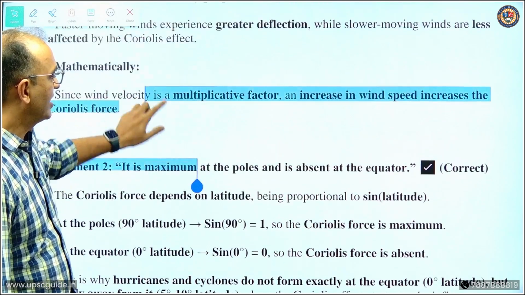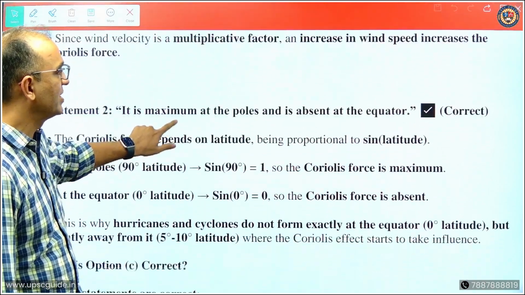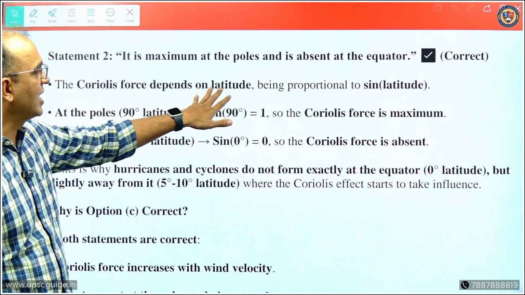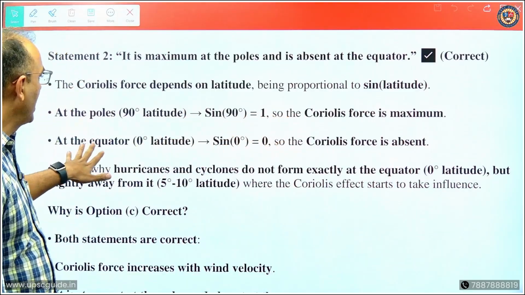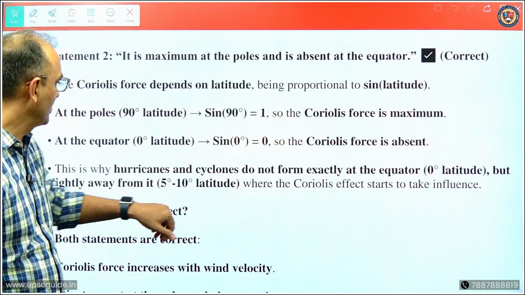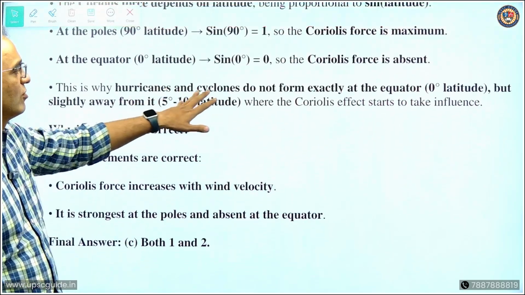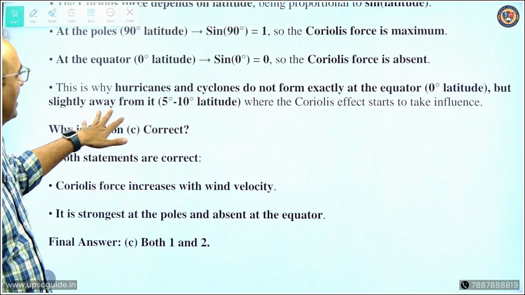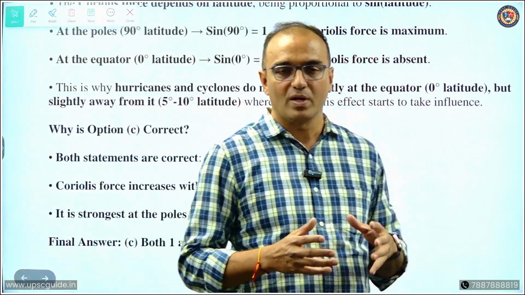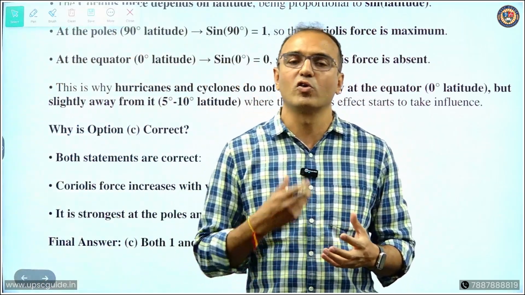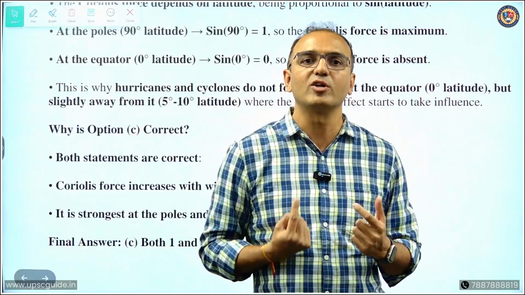Second, it is maximum at the poles and is absent at the equator. Coriolis depends on latitude, right? At the poles, Coriolis is maximum. At the equator, Coriolis is absent. That is why hurricanes and cyclones do not form exactly at the equator, but slightly away from it, right? Cyclones require Coriolis force, the rotational moment of wind.